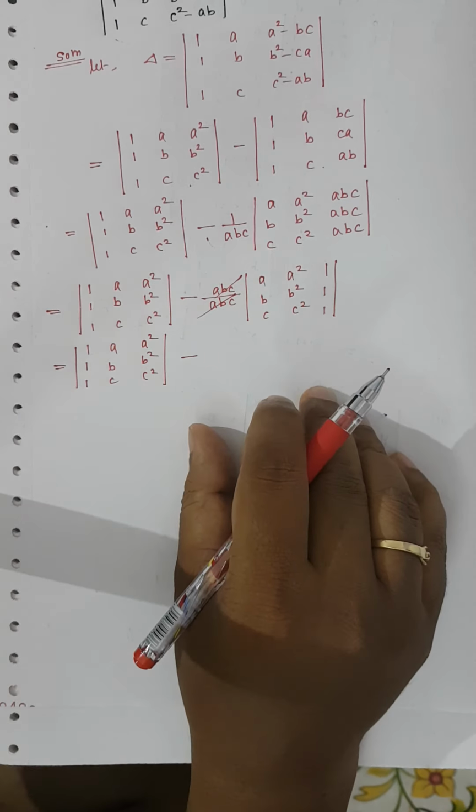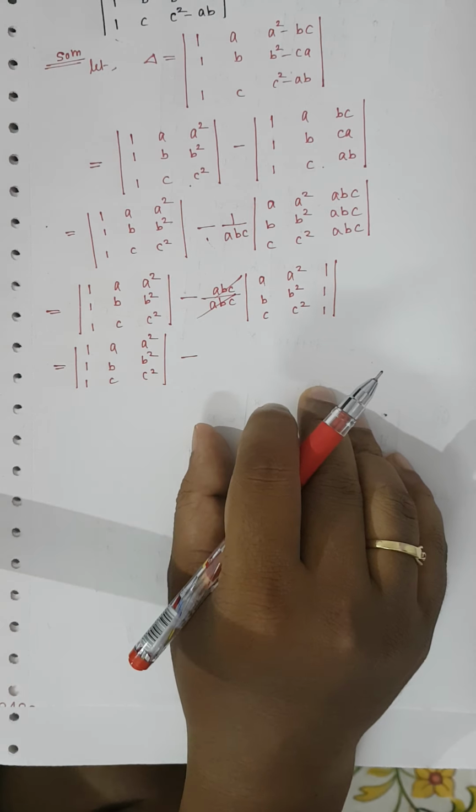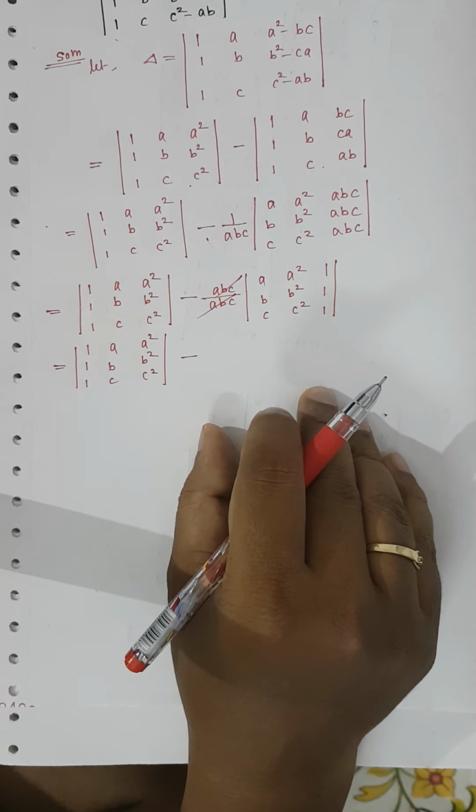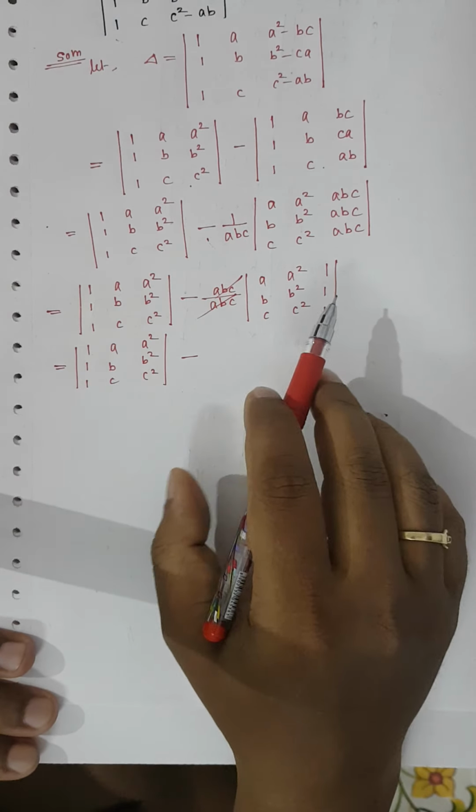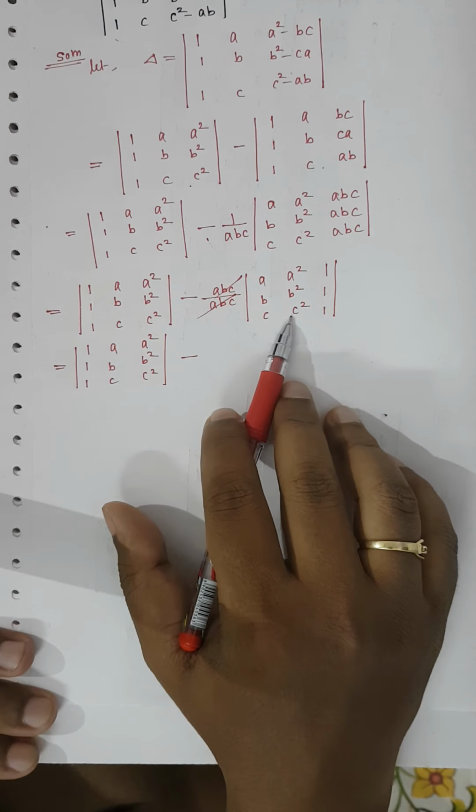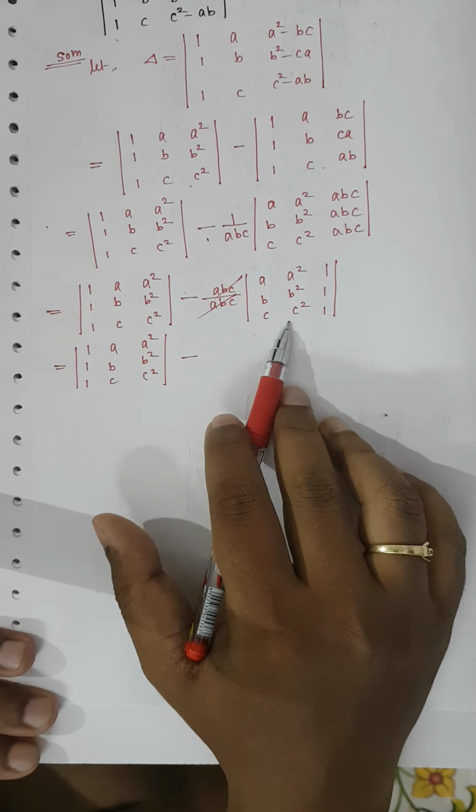We know whenever any two columns or any two rows are interchanged, the value of the determinant is changed by a sign. That is, if I exchange column 3 and column 2, then we'll multiply by a negative sign.